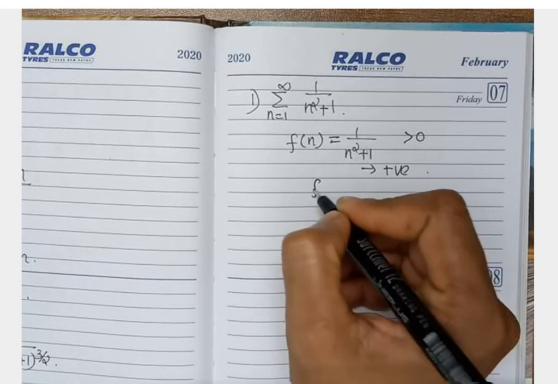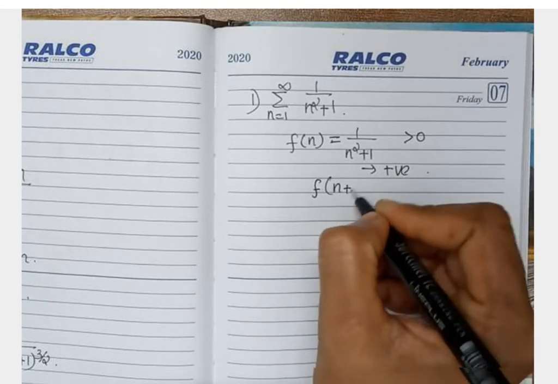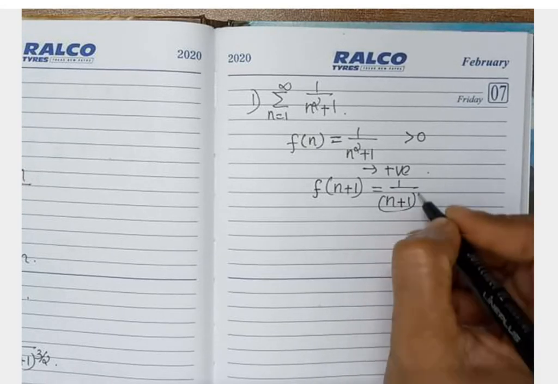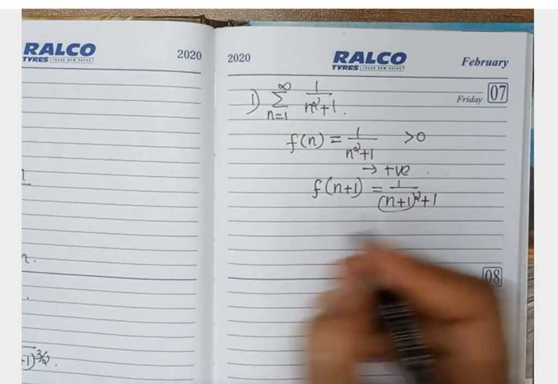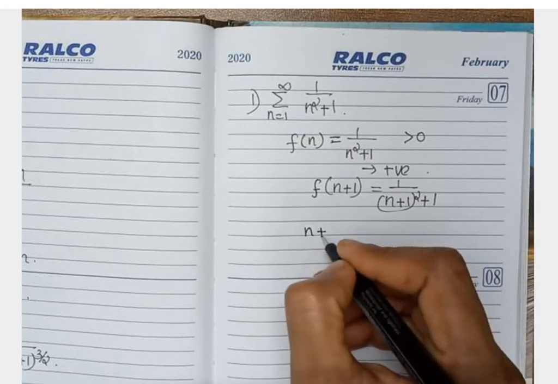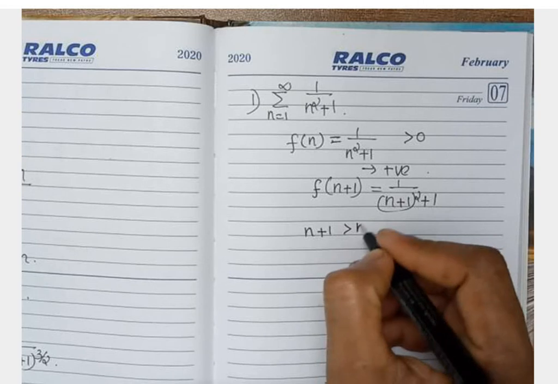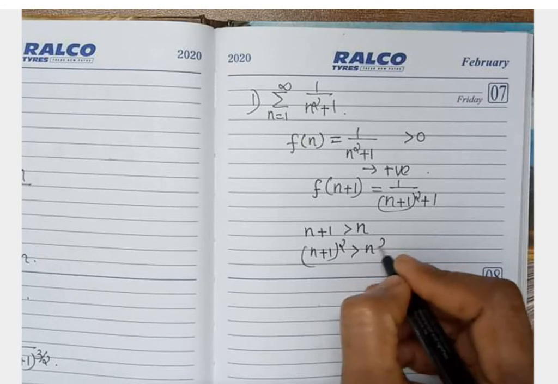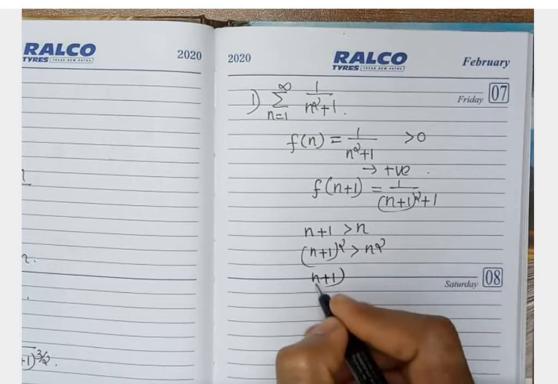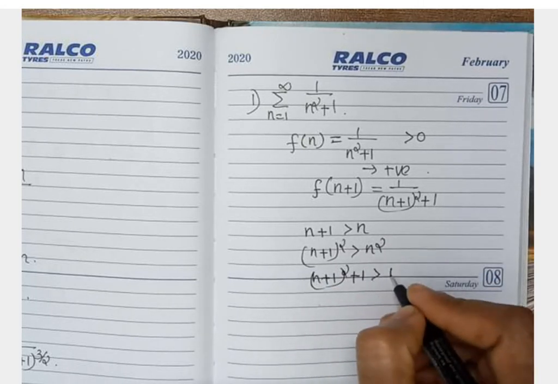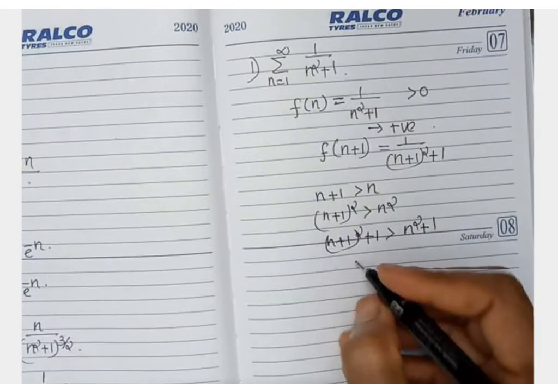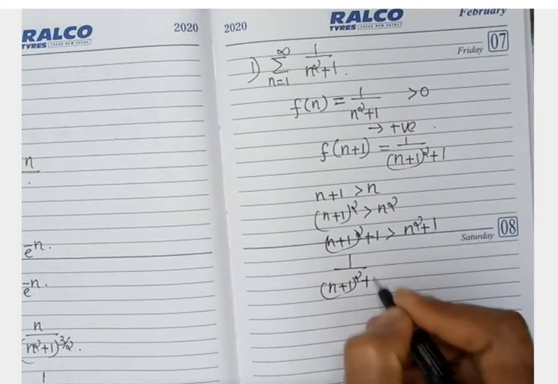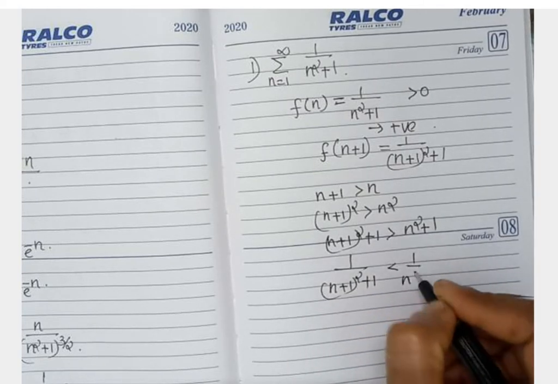Decreasing means we find f of n plus 1. This is 1 by (n plus 1) squared plus 1. We have n plus 1 is greater than n, so (n plus 1) squared is greater than n squared, and (n plus 1) squared plus 1 is greater than n squared plus 1. So 1 by (n plus 1) squared plus 1 is less than 1 by n squared plus 1.